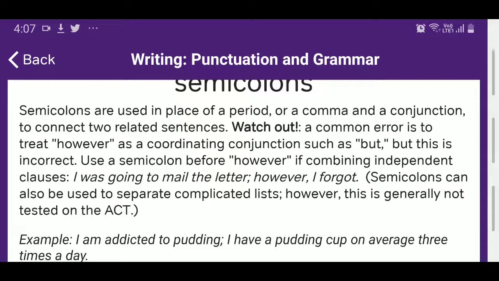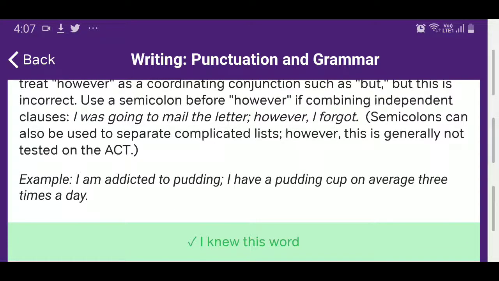And you can also make use of a semicolon to separate a complicated list. A complicated list is a list which consists of commas and semicolons together. For example, here: I'm addicted to pudding; I have a pudding cup on average 3 times a day.